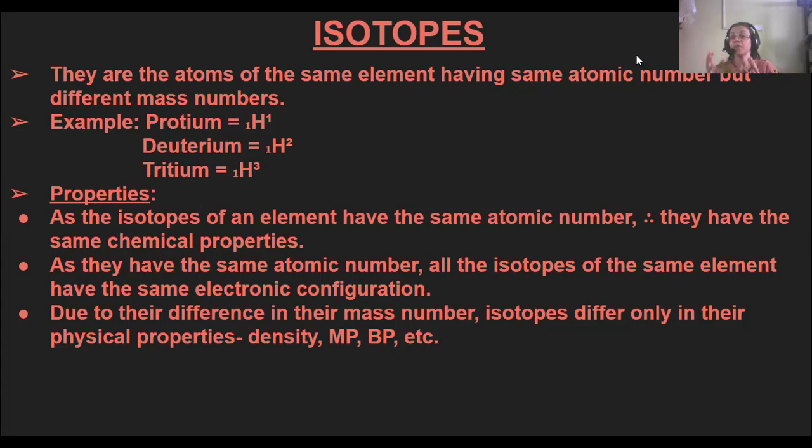So they have the same electronic configuration. Now, due to the difference in mass number, the isotopes will have different physical properties, like the density, the melting point and the boiling point.